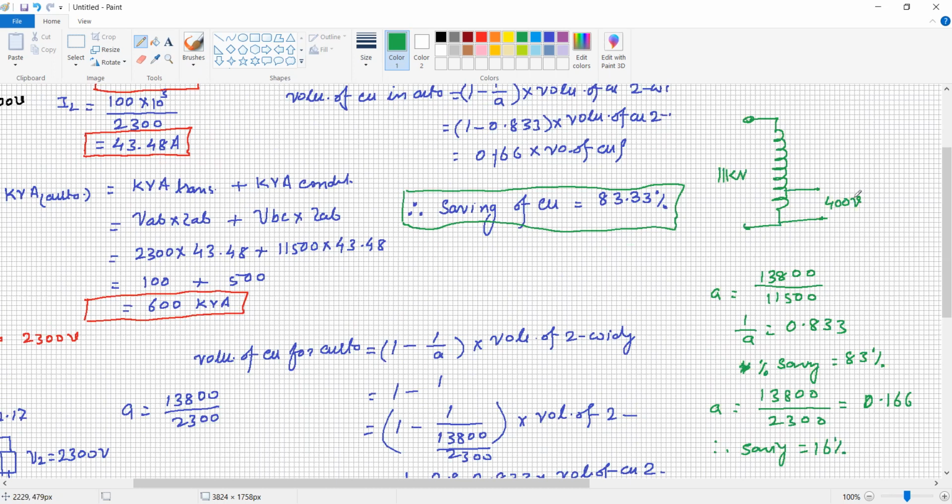This is one of the reasons there is not much attraction toward using it as a distribution transformer, because the saving of copper is very small.